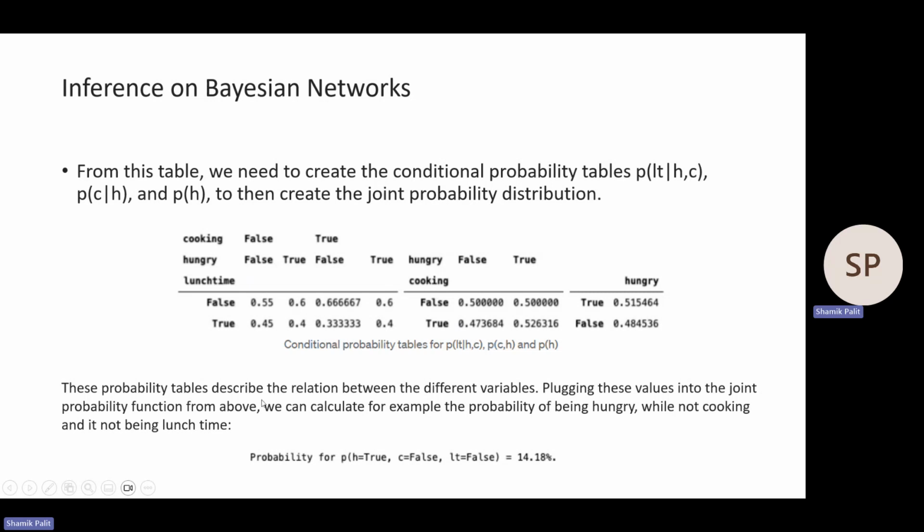And finally, in that way, we can calculate the joint probability distribution in the following way. That is, what exactly is the probability of being hungry while not cooking and not being lunchtime. So both these conditions are false over here. And you see the value of the probability is 14.18%.